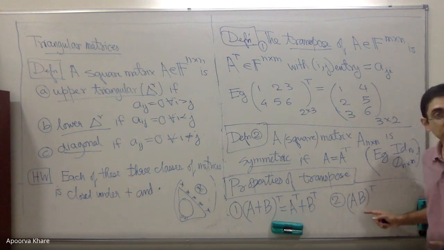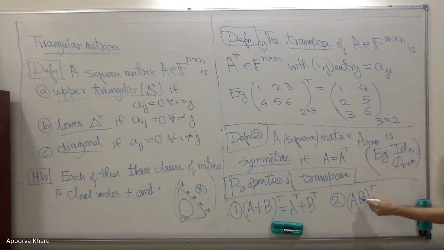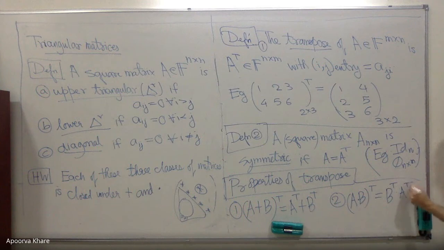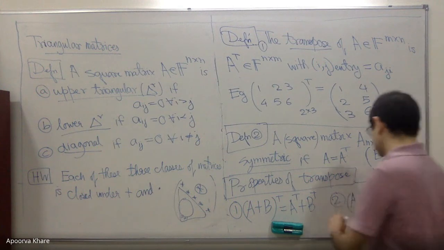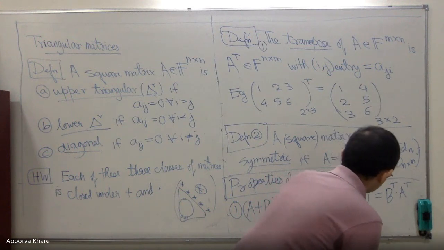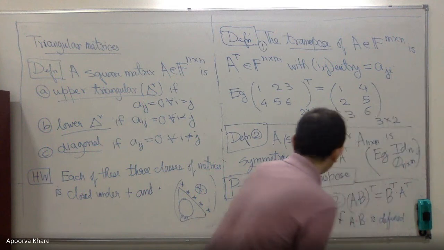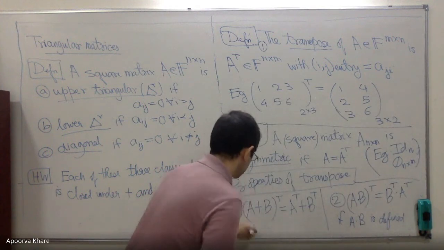I'm not saying the matrices are square. If A and B are rectangular matrices such that AB is defined, then (AB) transpose is actually equal to B transpose times A transpose. Whenever A times B is defined. And similarly here one has to say if A plus B is defined.